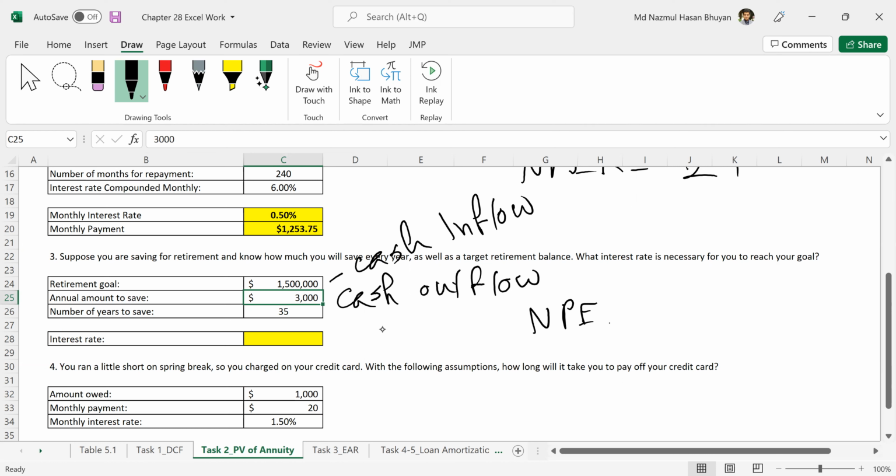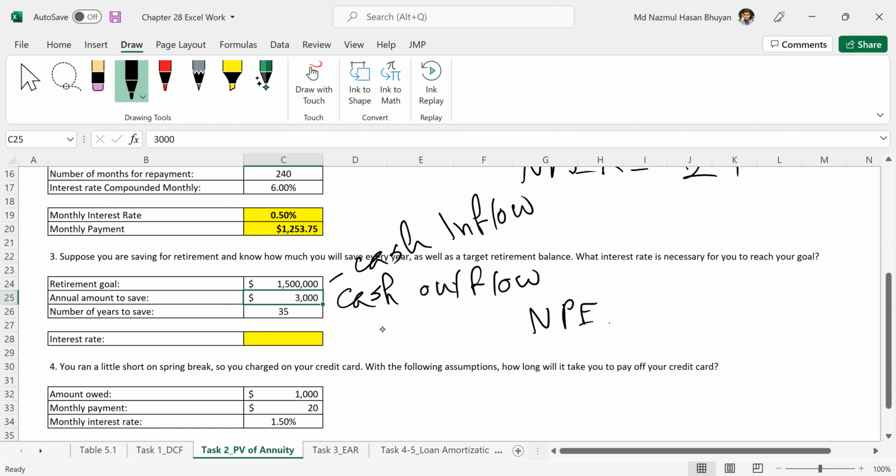Okay, let me calculate one more time. Rate, so number of time periods, and then your PMT, and then your present value, and then your future value.